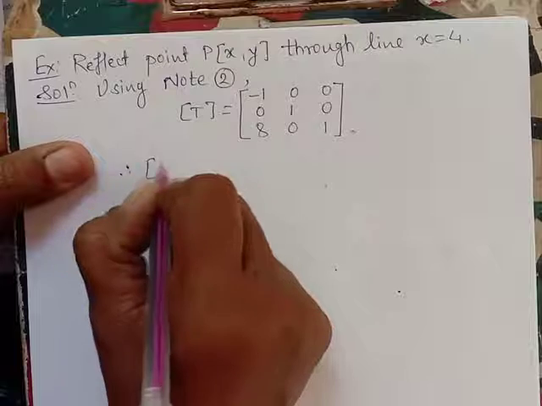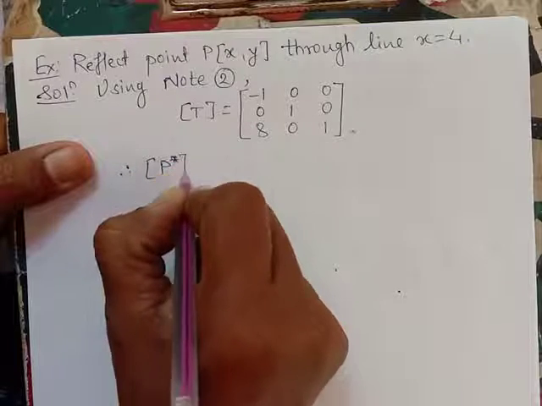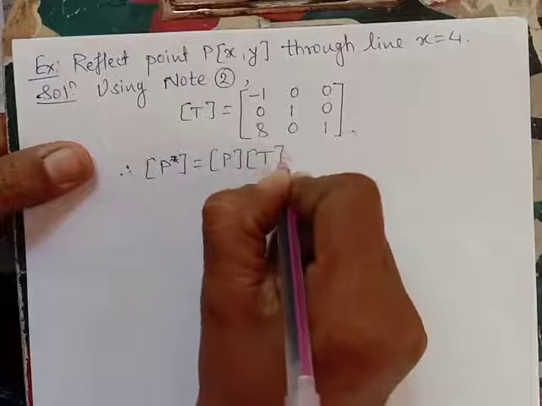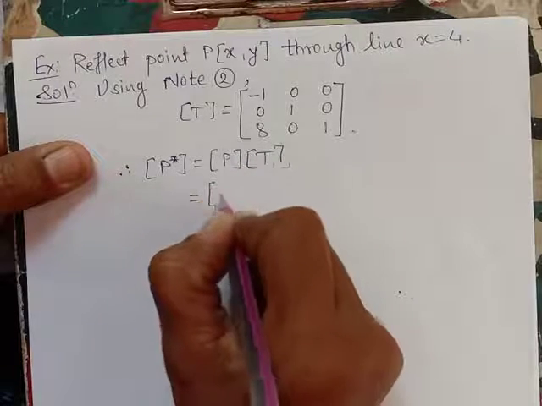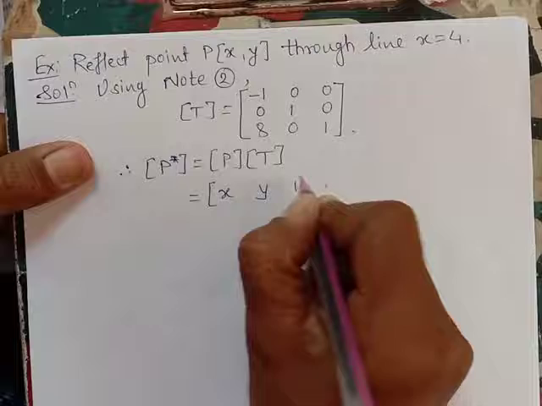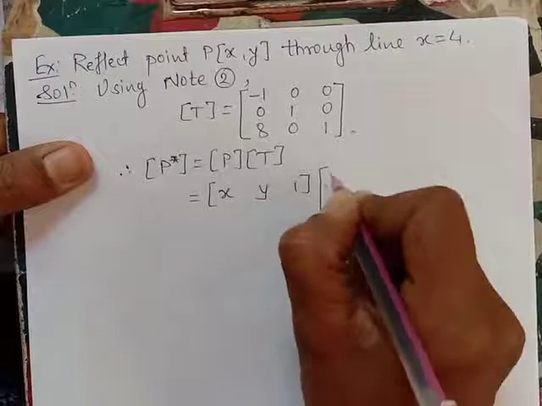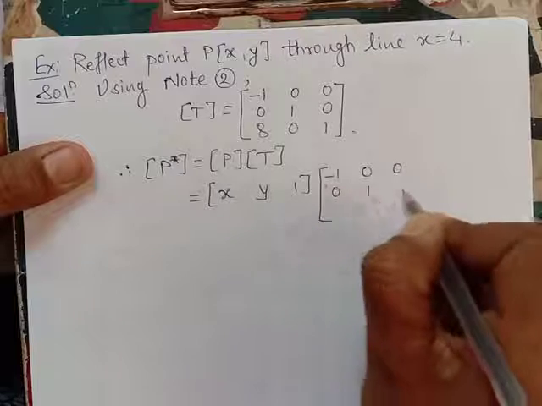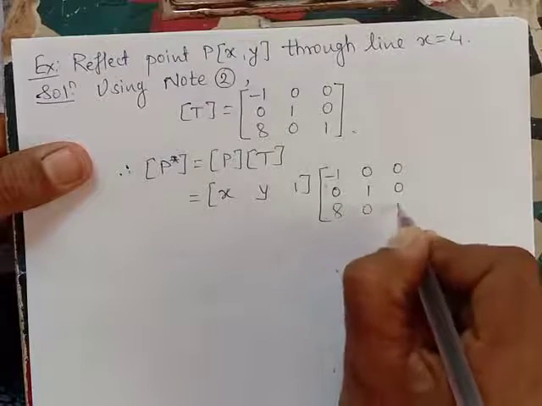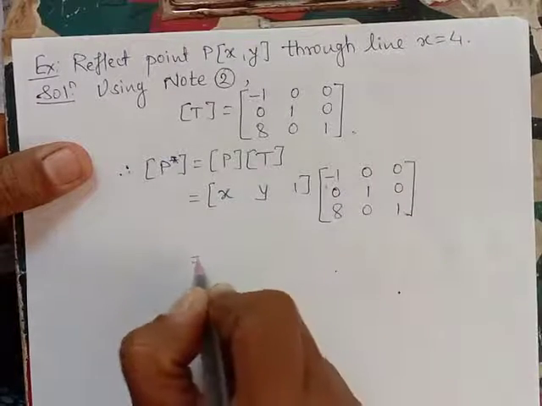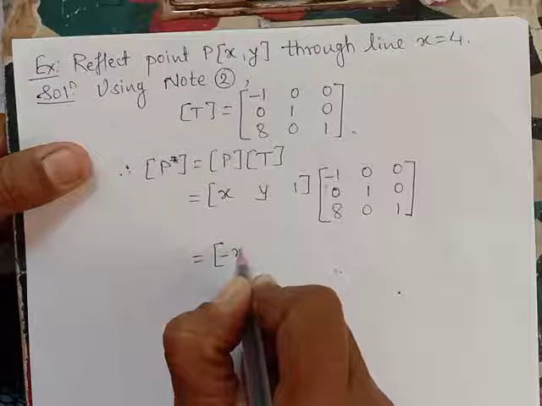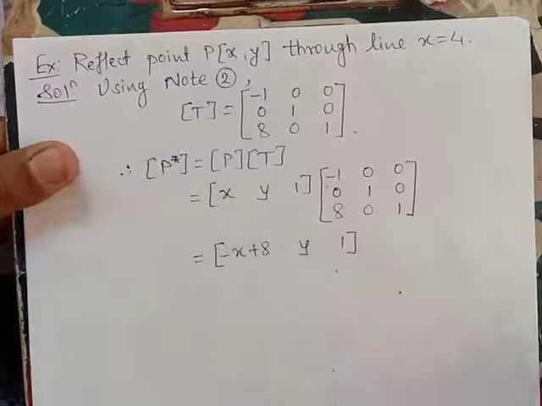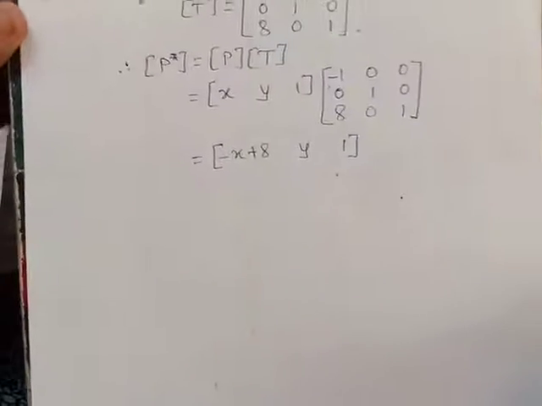Therefore P star is P into T, and P is x y 1, and T is minus 1 0 0, 0 1 0, 8 0 1. So P star has the coordinates minus x plus 8, y and 1. Okay. Next example.